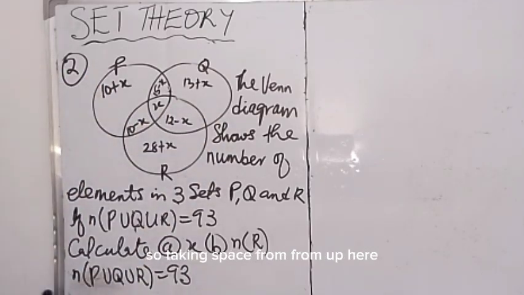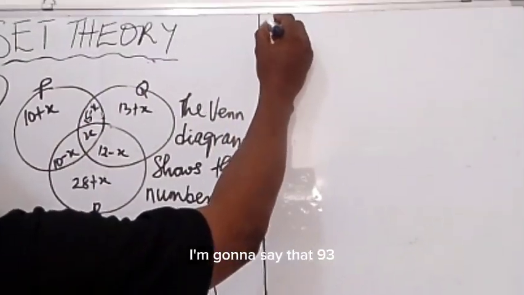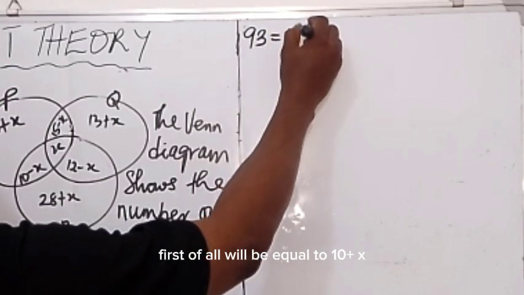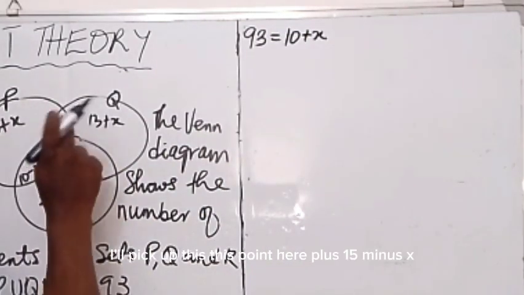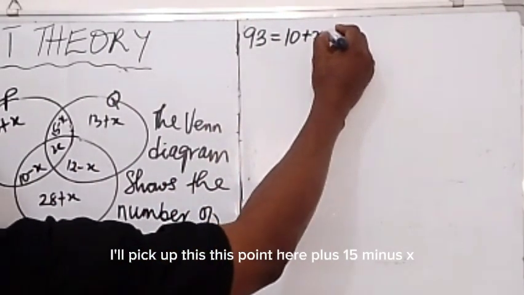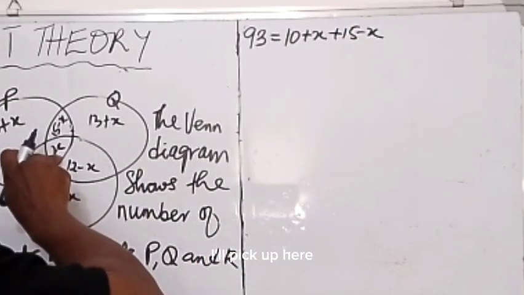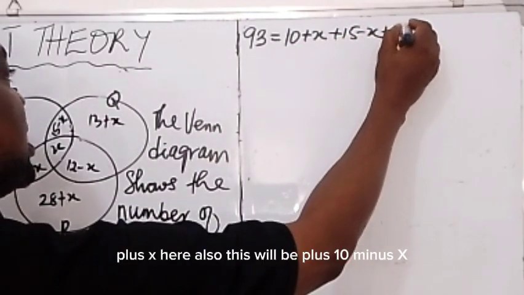So taking space from up here, I'm going to say that 93, first of all, will be equal to 10 plus x, that is here. I'll pick up this point here, plus 15 minus x. I'll pick up here, plus x.